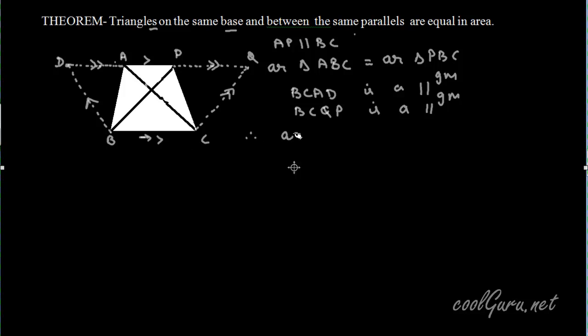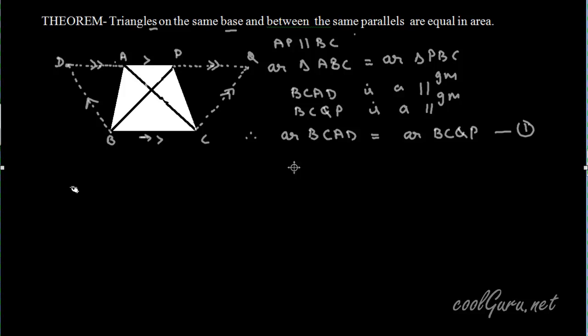Therefore, we have already done that parallelograms which are on the same base and between same parallel lines are equal in area. Therefore, area of parallelogram BCAD is equal to area of BCQP. This we know.